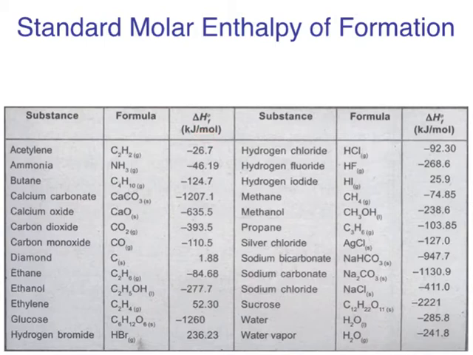So the definition of the molar enthalpy of formation is this, and you can write this down. The definition of the molar enthalpy of formation is the amount of energy to form 1 mole of a substance from its individual elements. It's the amount of energy it takes to form 1 mole of a substance from its elements. Okay?